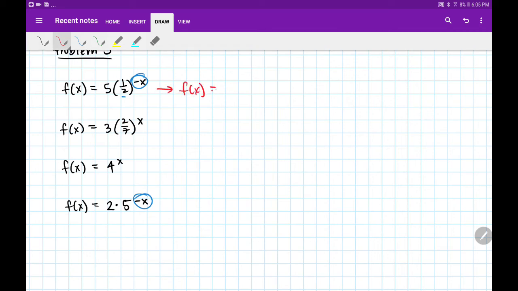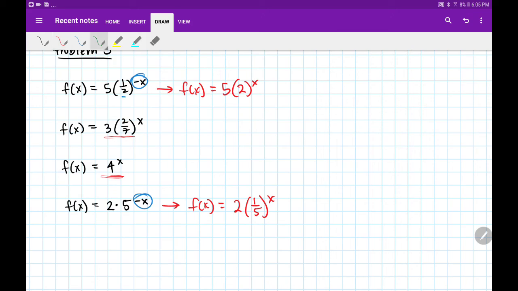That's going to be f of x equals 5 times 2 to the x. And this one would be rewritten as 2 times, instead of 5, which is 5 over 1, 1/5 to the x.